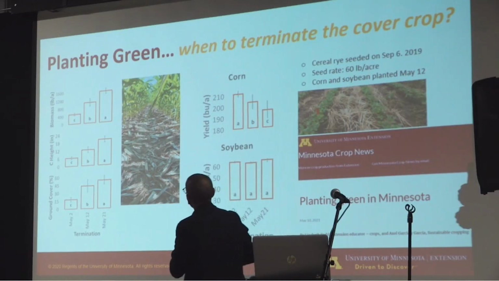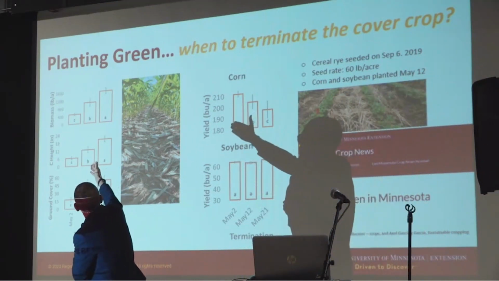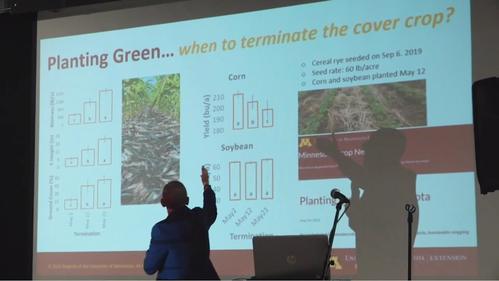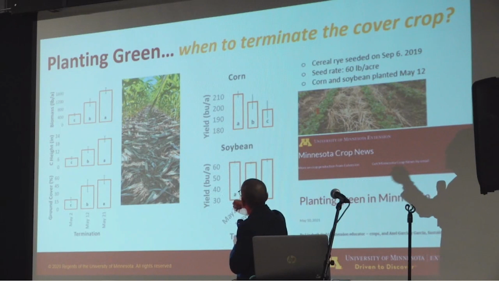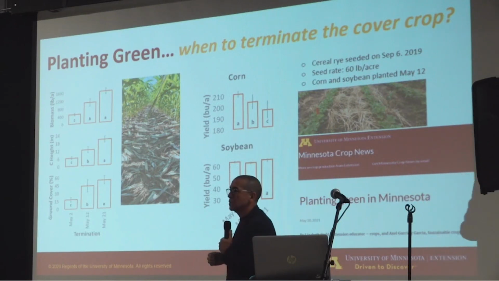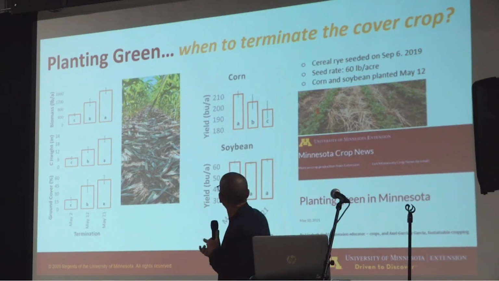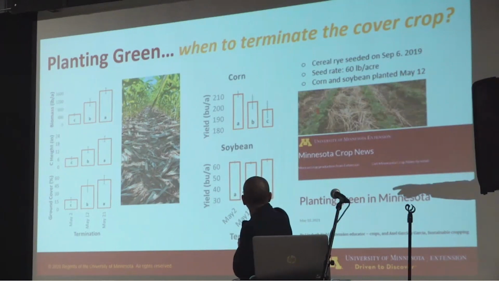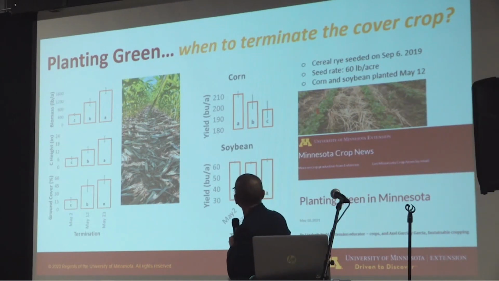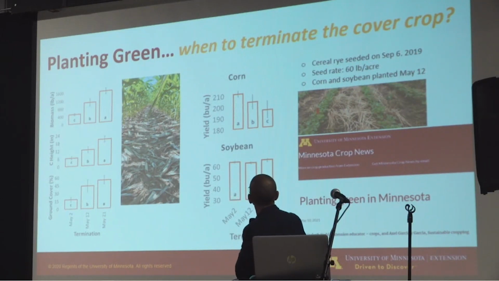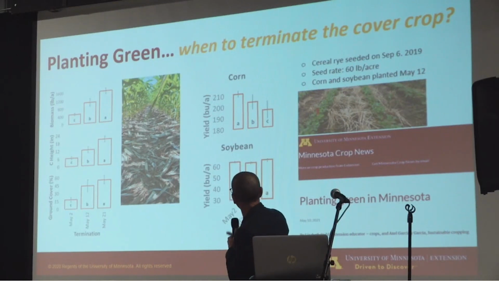So the results were, in terms of biomass here, but if you look at the most important thing, the yield of corn was considerably affected, okay? The corn that was planted green with the termination of the cover crop on May 21st was significantly affected. It produced very little yield. The other two did well, but still, there were some significant differences between them.